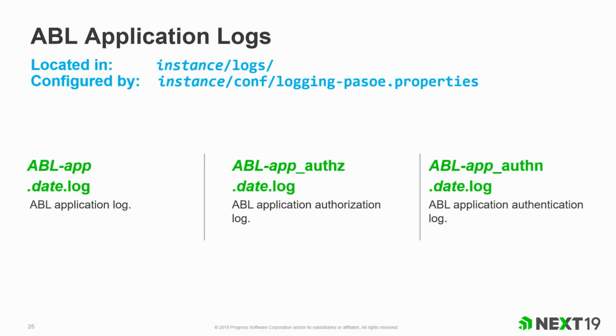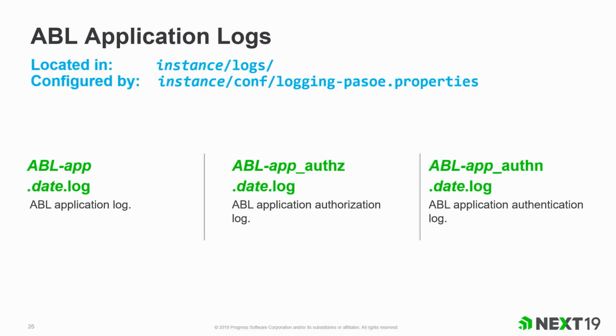Okay, at the ABL application level, there are three main logs there. There's the ABL application log. So again, these are also in your instance logs directory, but instead of being configured by logging-tomcat, these are configured by logging-passoe. There's the main ABL application log. There's the authorization log and the authentication log.